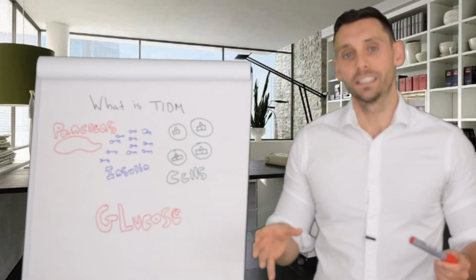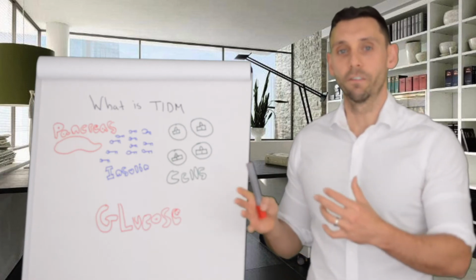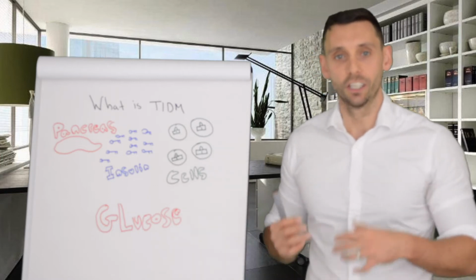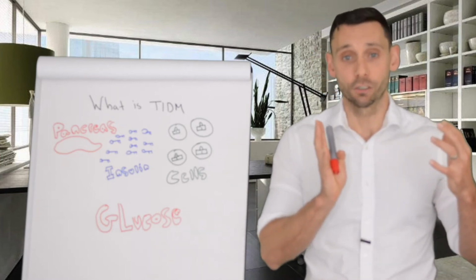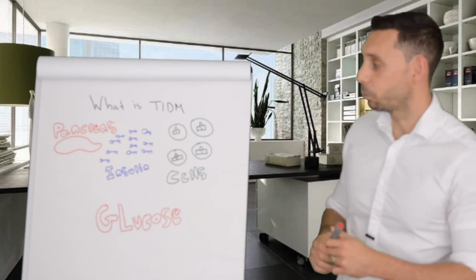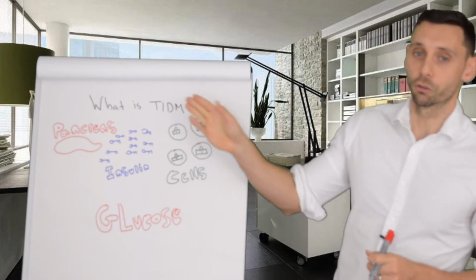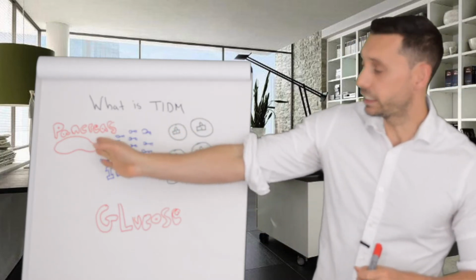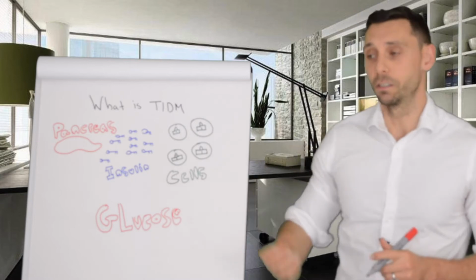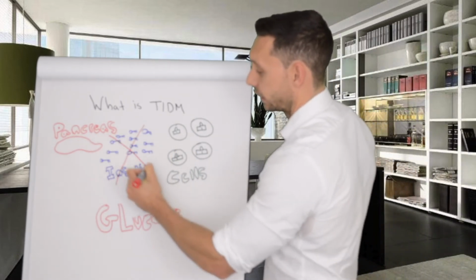Now we don't know why this happens. There's theories, but no one's actually yet proven it. Some people think it comes off the back of significant stress, or of contracting a virus, but there seems to be no true cause of what causes type 1 diabetes. But what we do know is, once the immune system starts to destroy these insulin producing cells in the body, you no longer produce any insulin of your own.